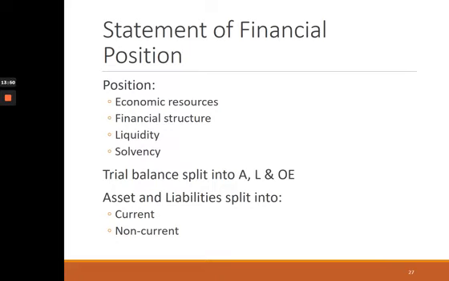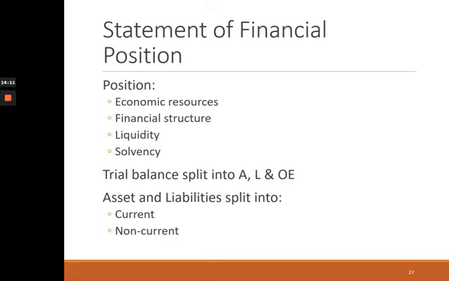Your statement of financial position gives you details of what are the economic resources that the entity owns, what is its financial structure, how is it financed? Is it financed via equity or is it financed via debt? How heavily geared is the entity?